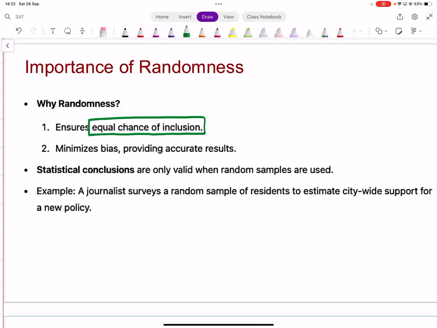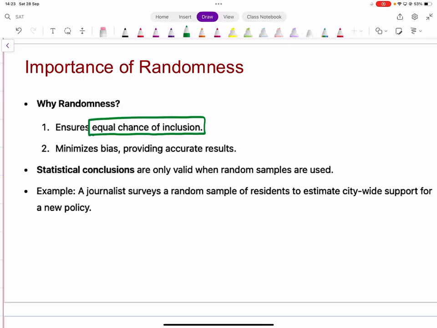it is possible that some remote area in Sindh has a completely different dynamic. The rest of Pakistan might have different preferences, and those 2-3 areas in Sindh might have totally different preferences. You want to give those people an equal chance of inclusion as well, so that the results that you get at the end are more reliable.